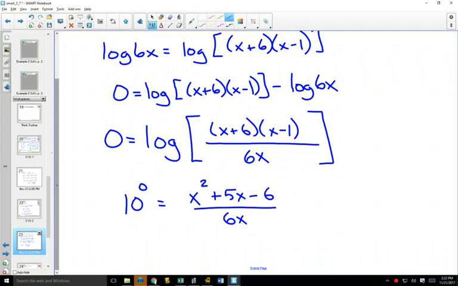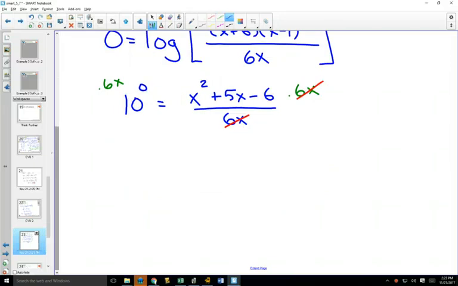If you're solving a rational equation like this, the first thing you would probably do is get rid of the rational equation by multiplying both sides by 6x. That will simplify on this side, and on this side 6x times 1 would just be 6x. And then you end up with a quadratic equation. So here, how do I solve a quadratic equation?